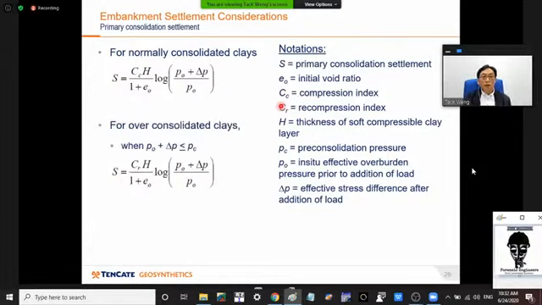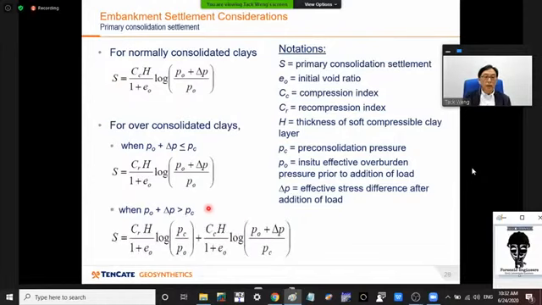For over-consolidated clays, there are two equations, depending on whether the effective stress at the site location where the soil sample is taken is less than the pre-consolidation pressure minus the increase in pressure.